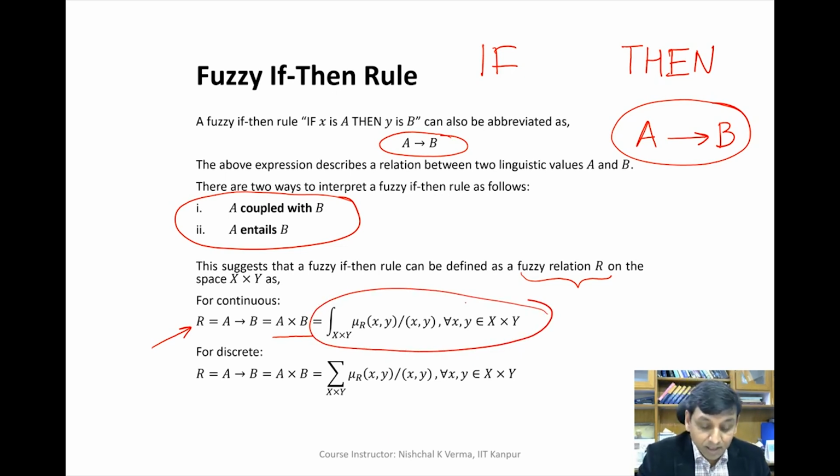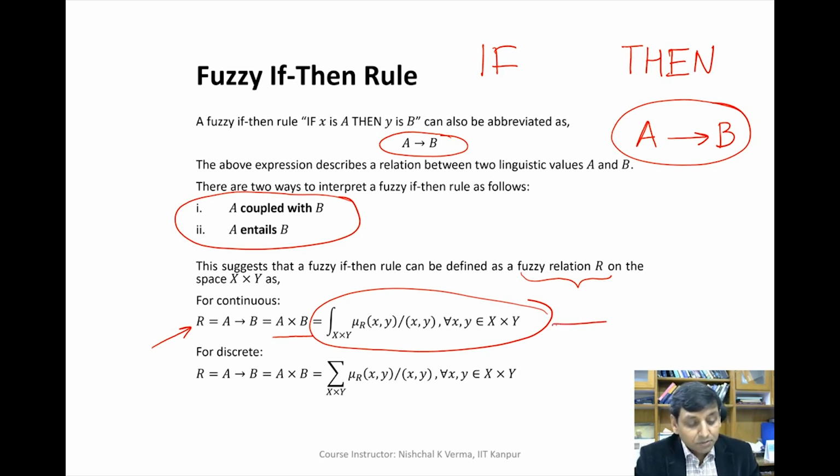So the integral sign over the universe of discourse x cross y of mu R of x, y, oblique x comma y, for every x comma y belonging to the universe of discourse capital X cross capital Y.